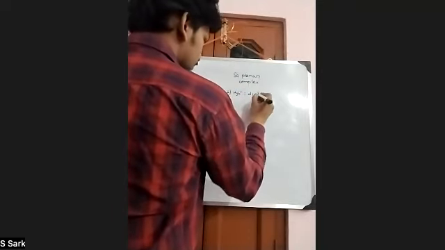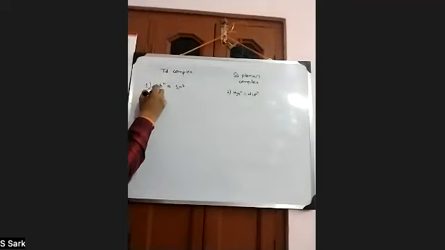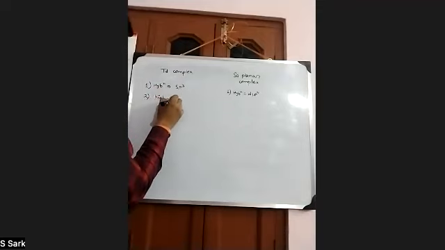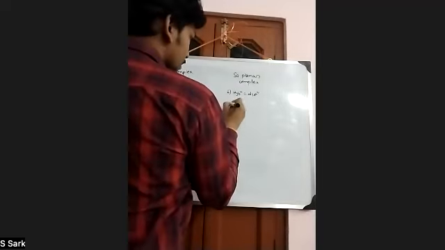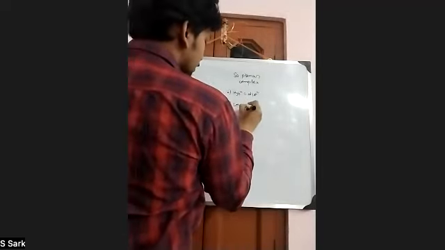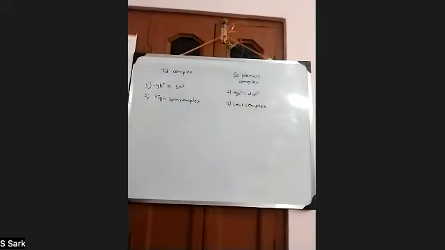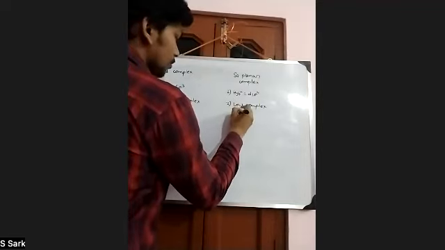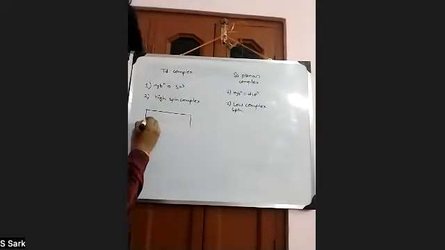And we also see that tetrahedral complexes are more high spin complexes. But in case of square planar complexes, they are usually low spin complexes. Why? So now we will see how a tetrahedral complex is formed according to the hybridization theory.